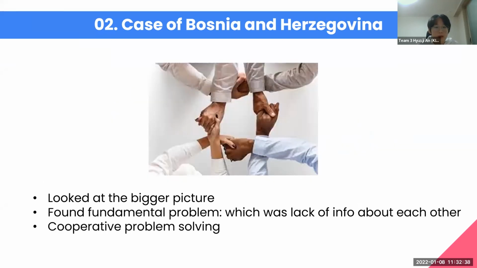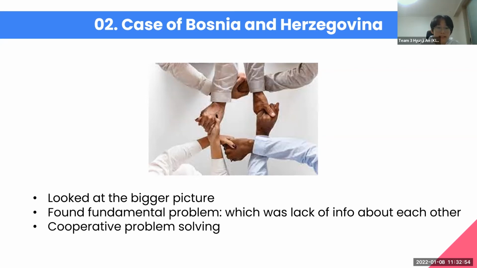UNDP's interventions were not based only on the issues they were dealing with. They looked at bigger things and found through assessment that much of the tension between these communities arises due to a lack of information.